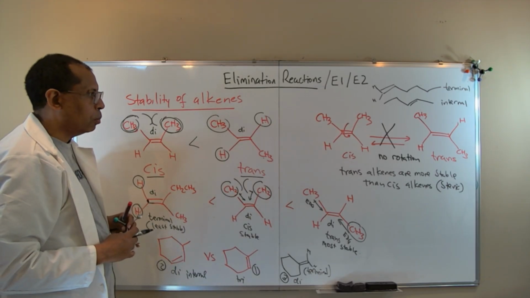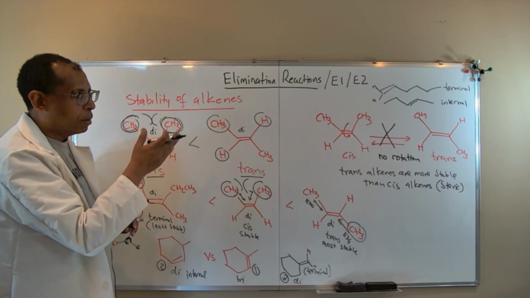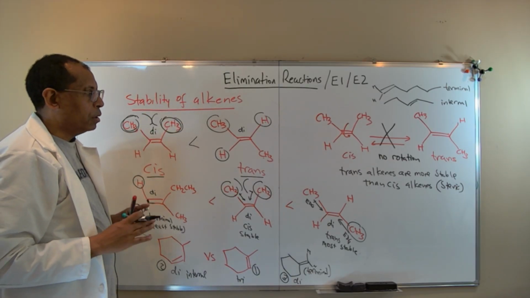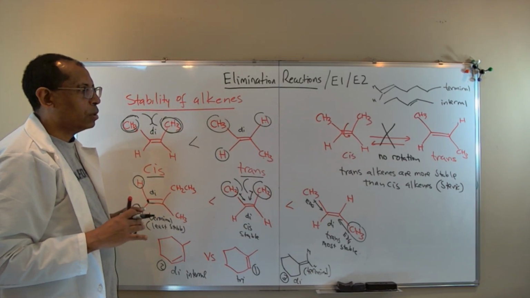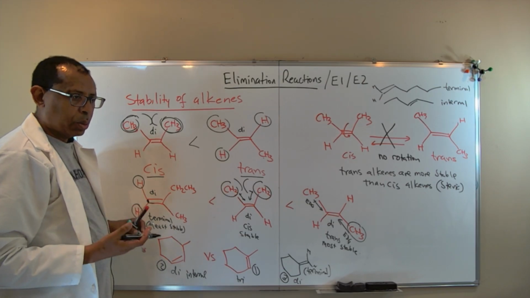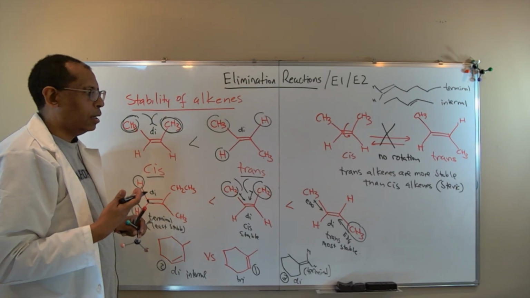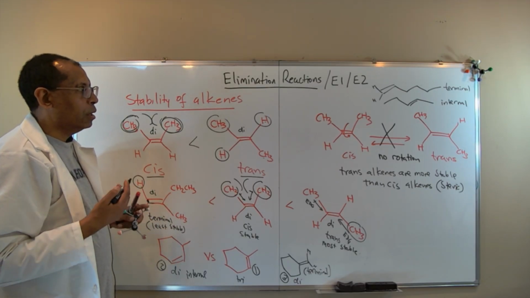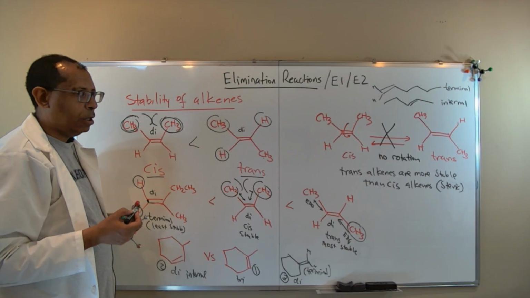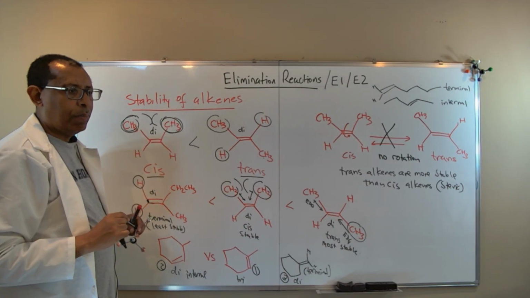Internal alkenes are more stable than terminal alkenes. With this, we would transition to studying more on mechanisms of elimination reaction. So like we have studied SN1 and SN2 reactions, we're going to study also E1 and E2 mechanisms when a base comes and abstracts a proton and the halide leaves.